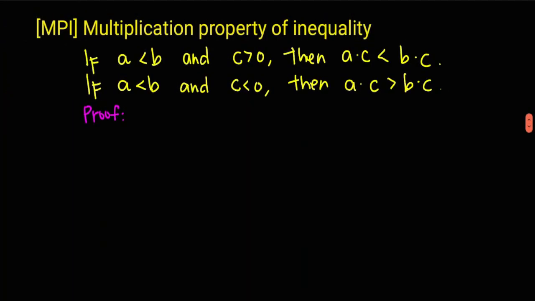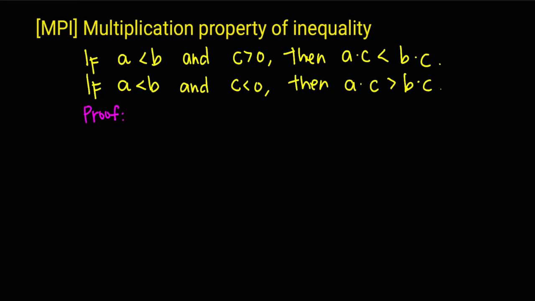Another property of inequality is the multiplication property of inequality, or let's call it MPI. So MPI has two versions. If we have A less than B, then either C is positive or C is negative. Now, if C is positive, then if you multiply C on both sides of the inequality, then the inequality remains the same.